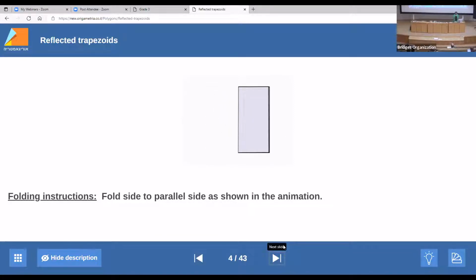So I ask you to take one of the papers you have and fold one side to the parallel side. Always, it's better to fold on the table and not in the air. And I know you have small tables, so I suggest you open your table and fold.